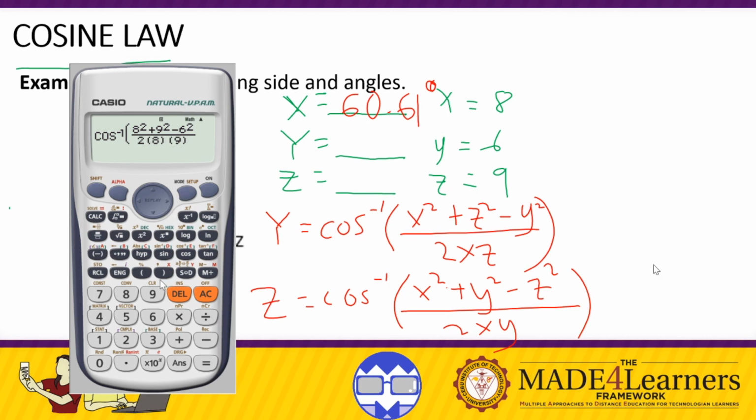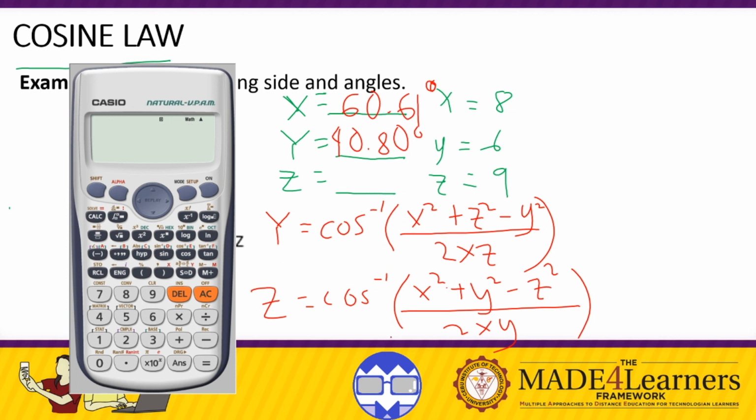Then close parentheses, then equal sign. So we have 40.80 degrees. So I'll write it here. 40.80 degrees.